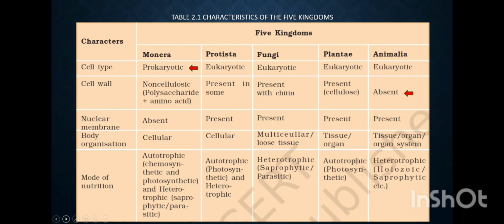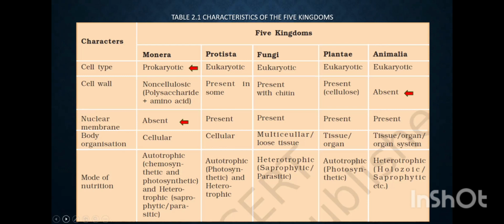In Monera, the cell wall is non-cellulosic, whereas in Plantae it is cellulosic. In fungi, the cell wall also contains chitin. As far as the nuclear membrane is concerned, only Monera, as their cells are prokaryotic, lacks the nuclear membrane. Whereas in all the rest of the kingdoms, since they are eukaryotic, the nuclear membrane is present.